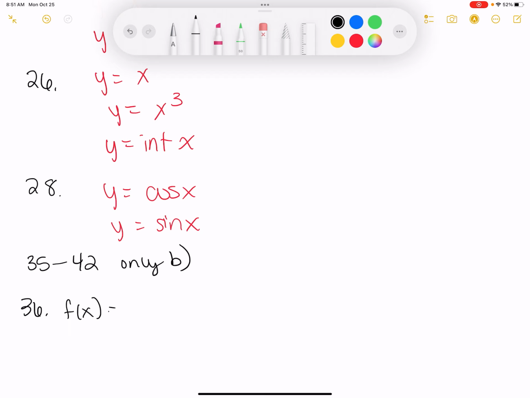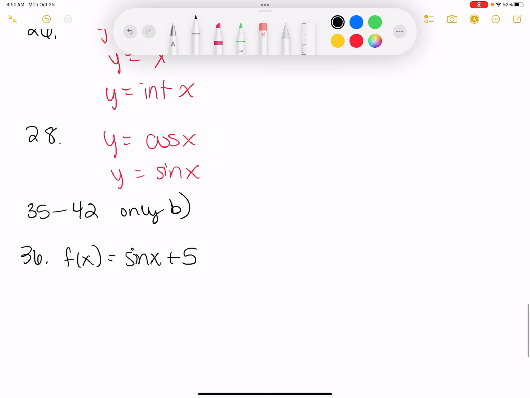f of x is equal to sine of x plus 5. Odd. Sorry, I don't know what I'm doing. I agree with you, but that's not the answer that I have, so I'm checking something really quick.